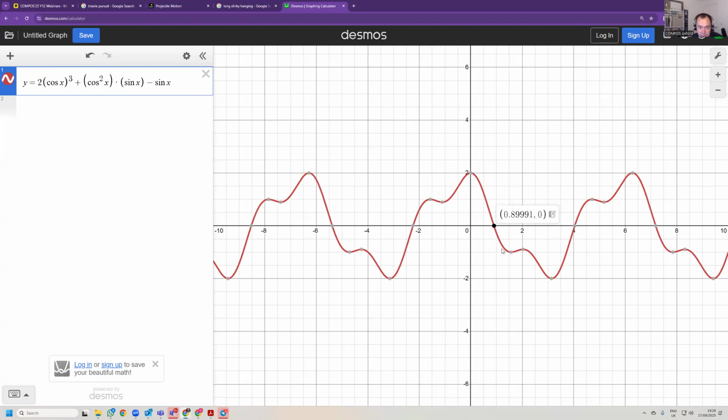And you can see that it's maximized when alpha is this value, 0.89991. What's the significance of that?